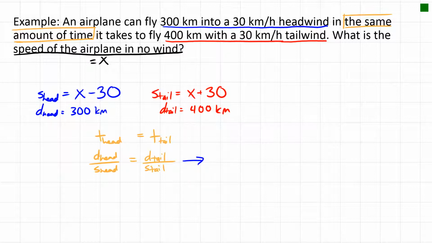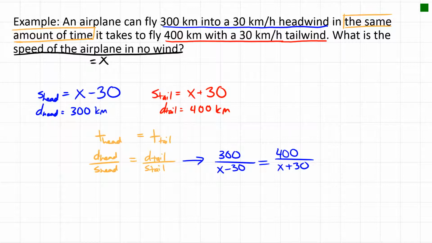So by putting in my values, the distance into the headwind is 300, the speed into the headwind is that unknown x minus 30 kilometers per hour, and the distance into the tailwind is 400 over x plus 30 kilometers per hour. I've now set up an equation that relates my speeds and my distances using the fact that the times are equal to set up a rational equation that I can solve.